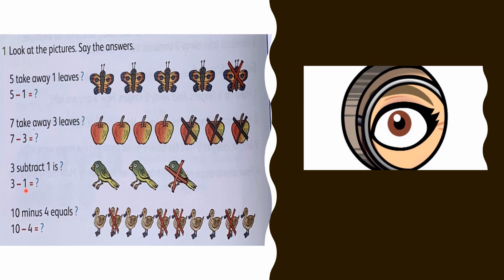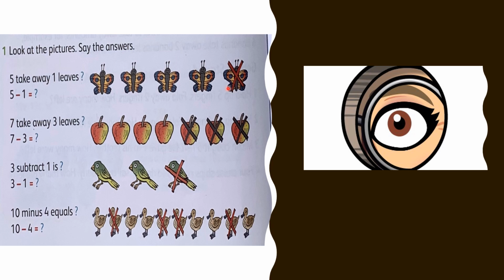It says 5 take away 1 leaves. It also says 5 minus 1 equals. We see that they've done the job for us and they put an X on one of the butterflies. Our job now is to see how many are left.